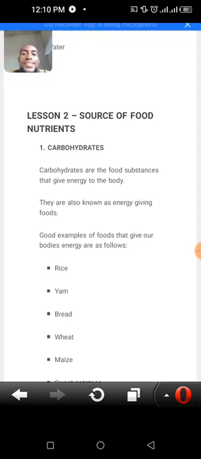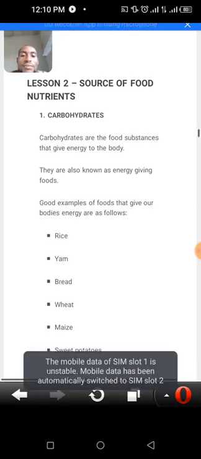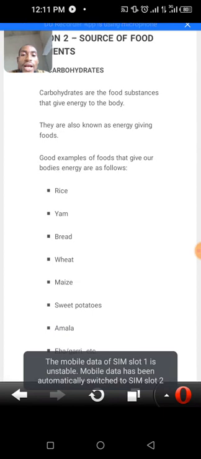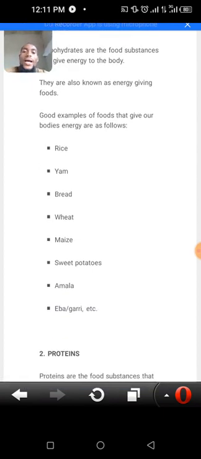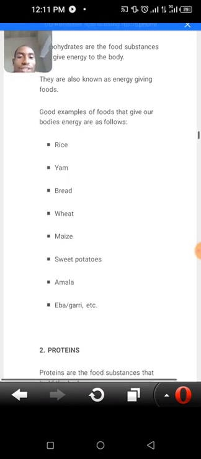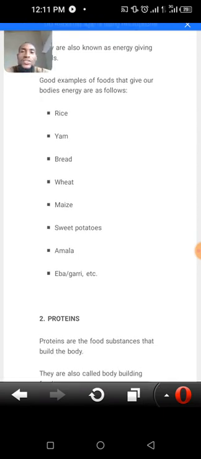So, what are examples of energy-giving food? Rice, yam, bread, wheat, potato, amala, eba, and what have you, etc. So, they give energy to the body. They give us power. They make us to be powerful.